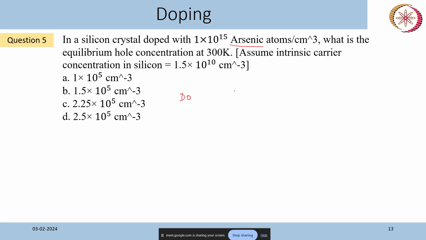So I will also go through the steps here. ND is given as 10 to the power 15 per centimeter cube. And ni again is temperature dependent.